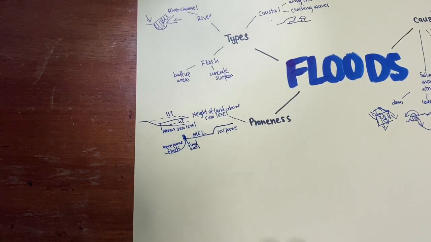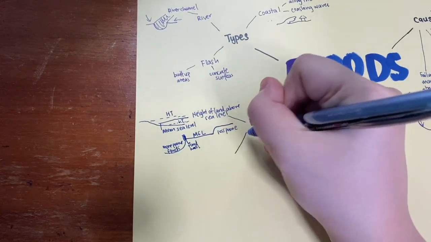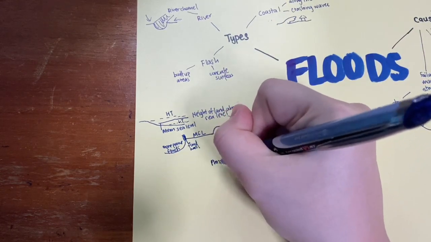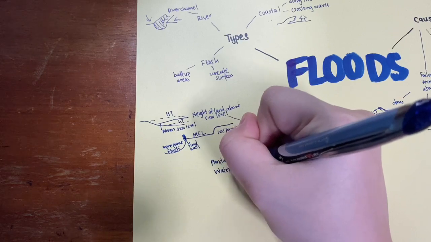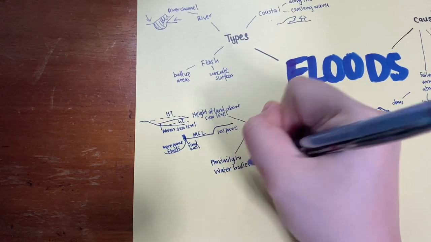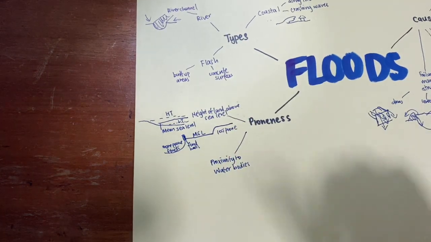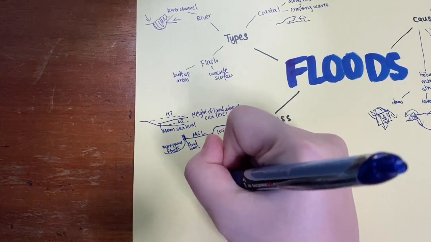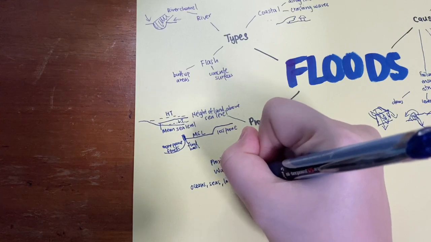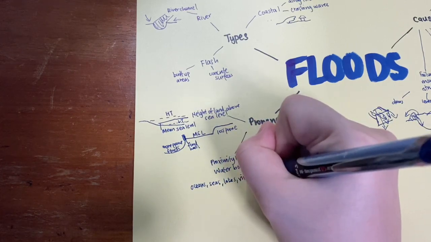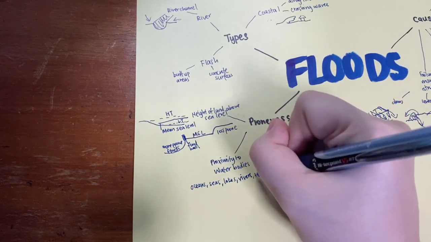Now moving on, the second one we have is proximity to water bodies. So water bodies include things like ocean, seas, lakes, rivers, and reservoirs.